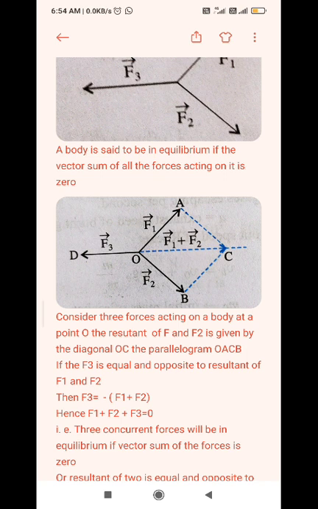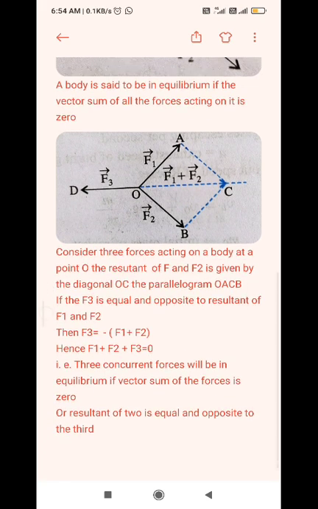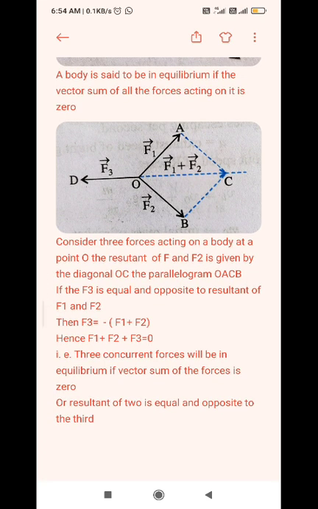So F3 is equal to minus (F1 plus F2), or F1 plus F2 plus F3 is 0. That is, three concurrent forces will be in equilibrium if the vector sum of the forces is 0, or if the resultant of two is equal and opposite to the third.